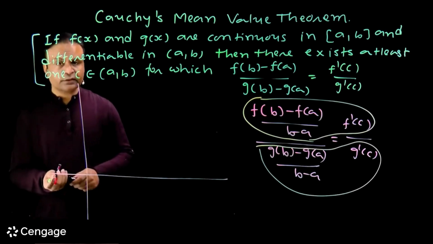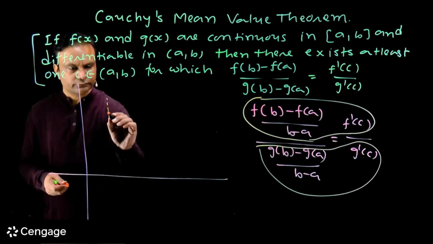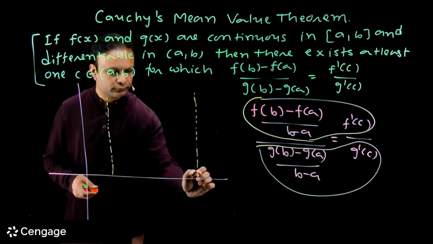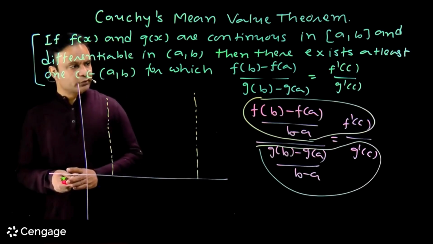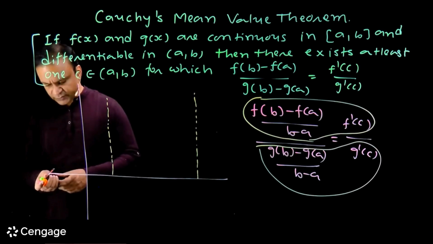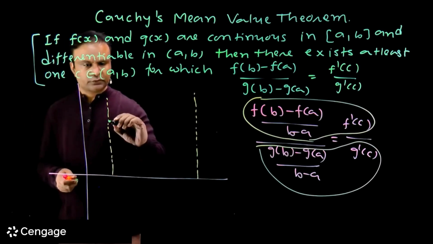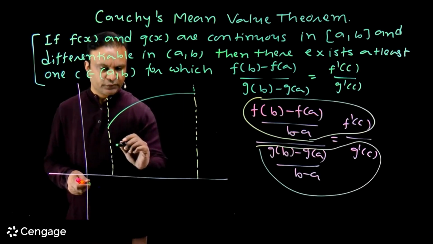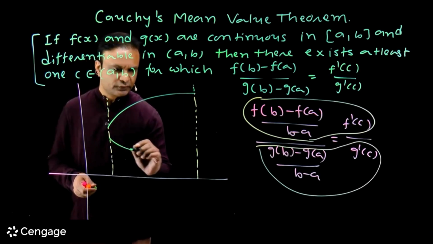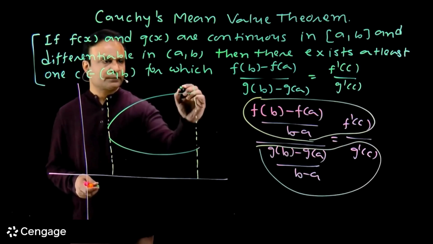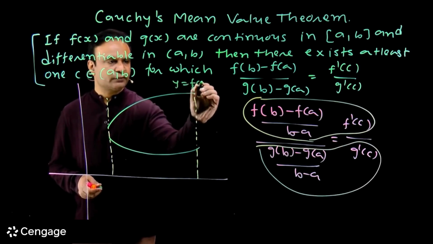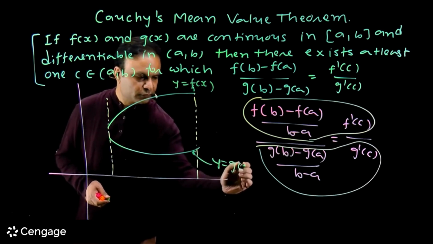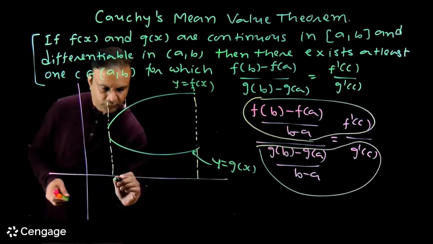We consider interval a to b. In this interval, we draw the graphs of f(x) and g(x). So this is the graph of f(x), and suppose this is the graph of g(x). This is y is equal to f(x) and this is y is equal to g(x).